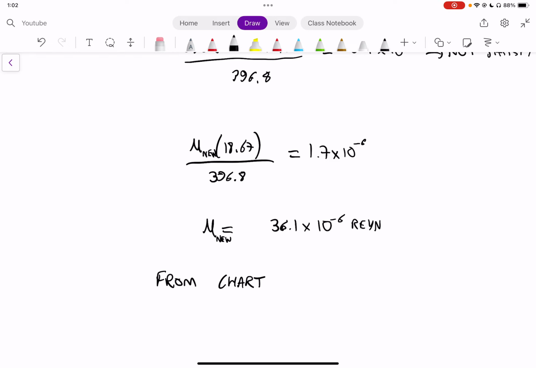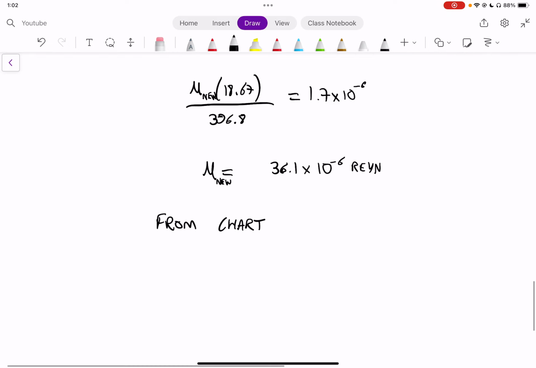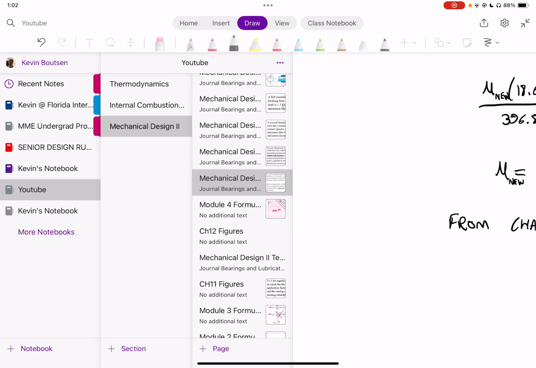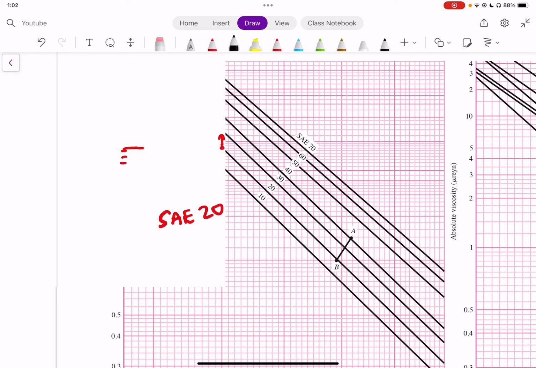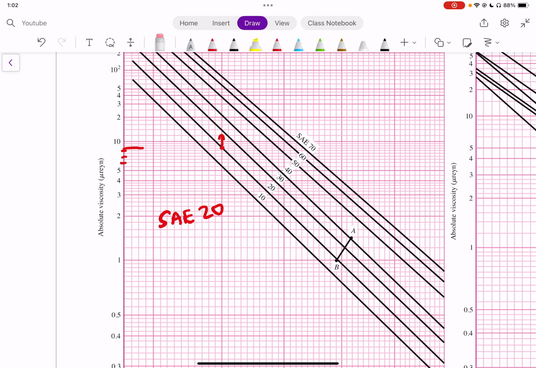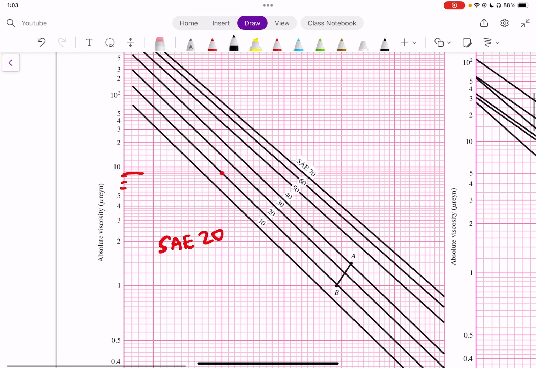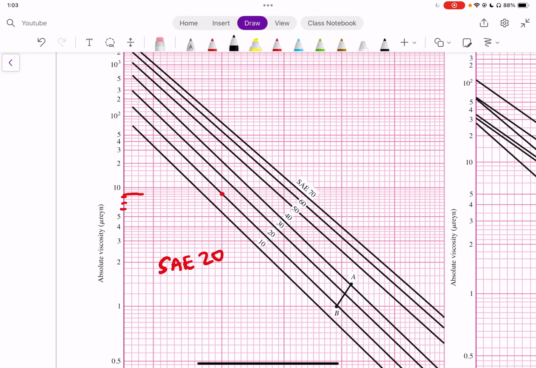There are two different ways we can do this, and I'm going to show you both, even though you only have to choose one. So if you go back to your chart, let's erase this point. We have the original point there, and what we need is to reach a value of 36 times 10 to the minus 6.